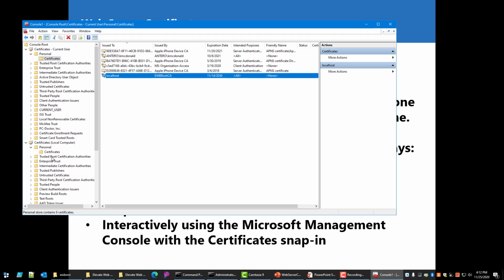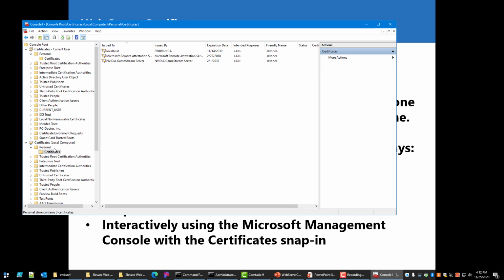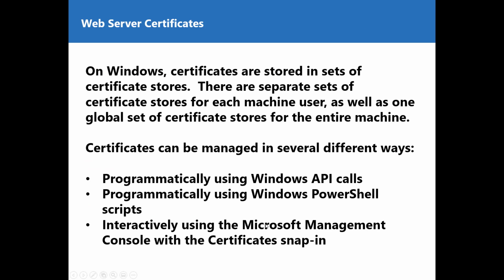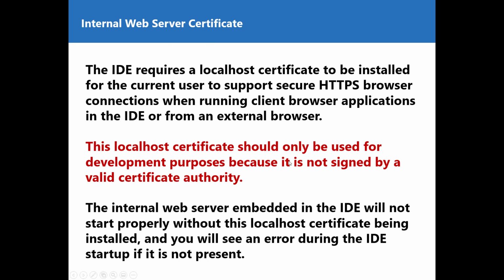If you were using a Windows service, you would want to import any certificates into the local computer store. Otherwise, they won't be accessible to the service. And if you were just doing development under your user account, you would import those into your personal certificate store for the current user. And as you can see, that's what we do with the localhost certificate here. So minimize that and move on to the next one.